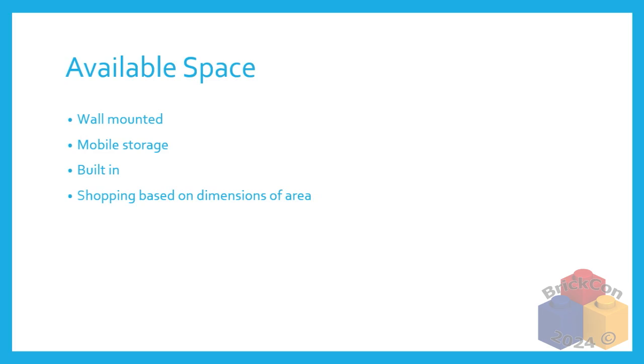And for me, a lot of it has been shopping based on dimensions. So going on to all the websites, searching up storage, but also knowing, okay, I have a spot this big, what can fit in there? That's how I even came on the washi tape organizers, which was a really odd thing to use for Lego storage, but they fit in that space.